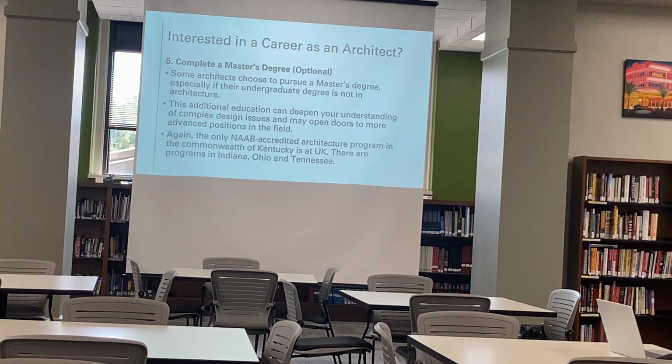An optional step here is to complete a master's degree in architecture. And this is specifically if your undergraduate degree is not in architecture. You can go to undergraduate school and theoretically major in anything, and then apply to the graduate school in the School of Architecture and study architecture and have a master's degree.